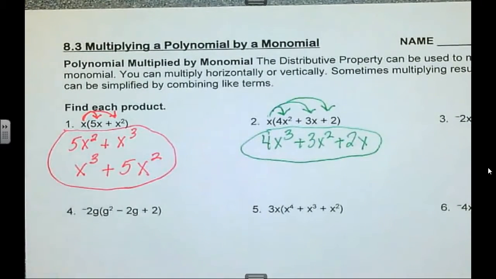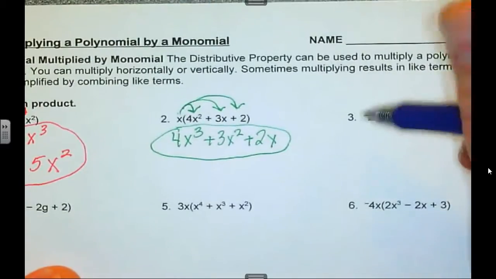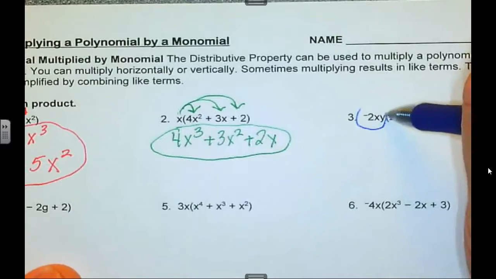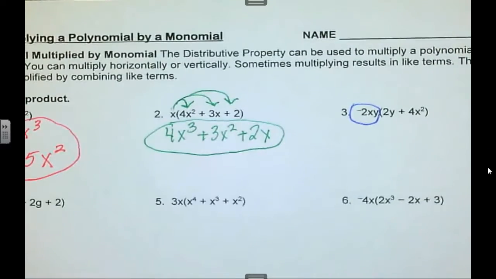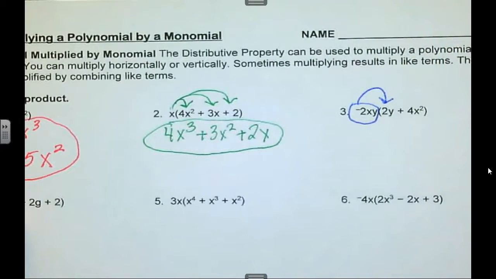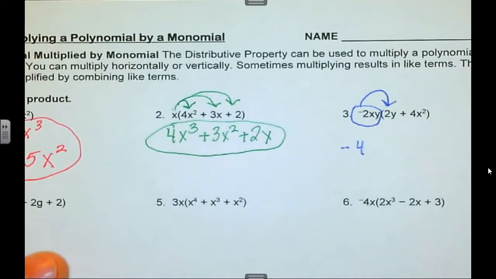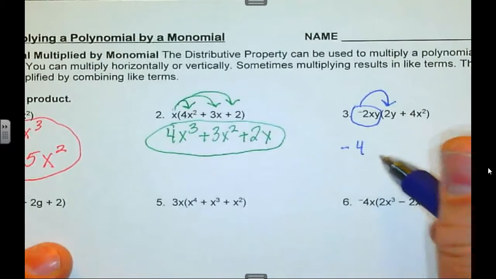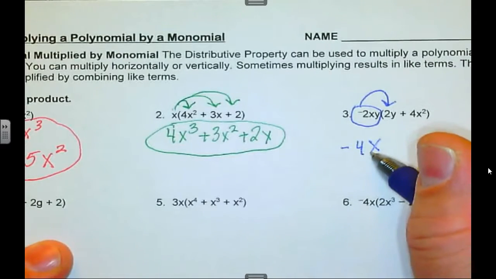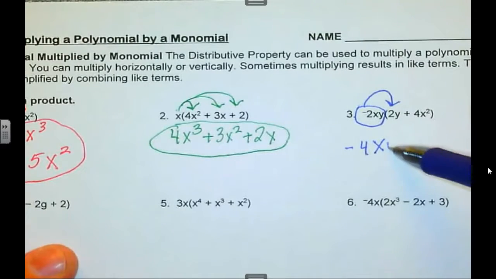How about number 3? Careful. We have a negative 2xy. Okay? I'm going to multiply it to 2y. Do the numbers first. What's negative 2 times positive 2? Negative 4. Do I have any x's to add exponents? It's just x. Well, the y becomes y squared.